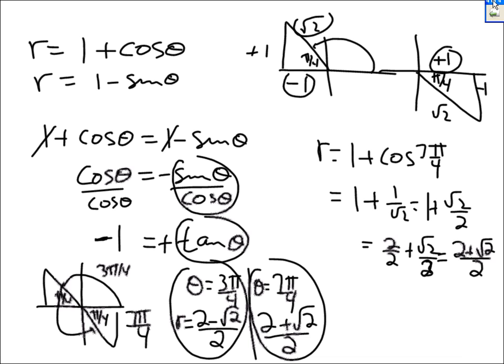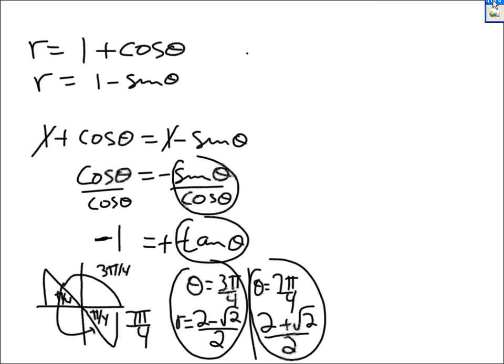Now, like always, we have to see if these r's can equal 0. Now remember, sine theta can equal any number between plus and minus 1. Cosine theta can equal any number between plus and minus 1. So we don't have to really find the angle.